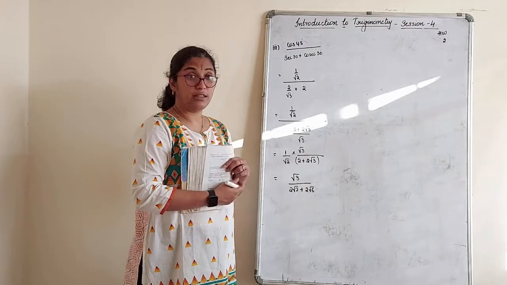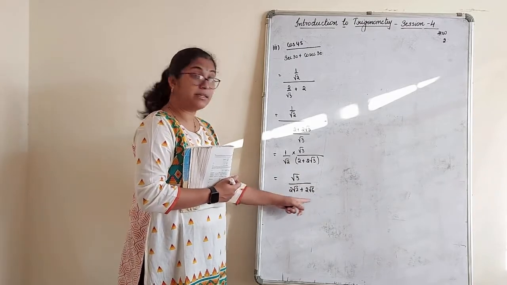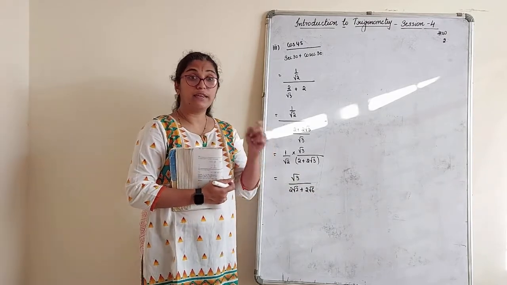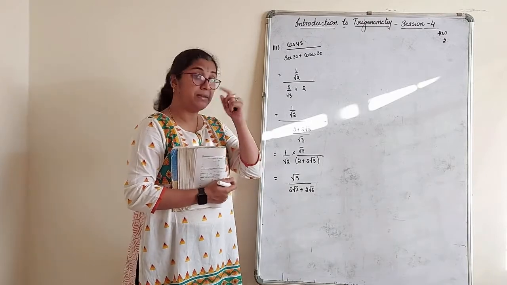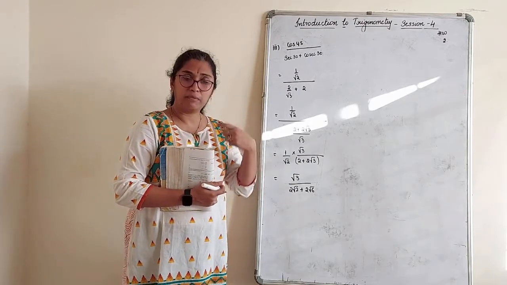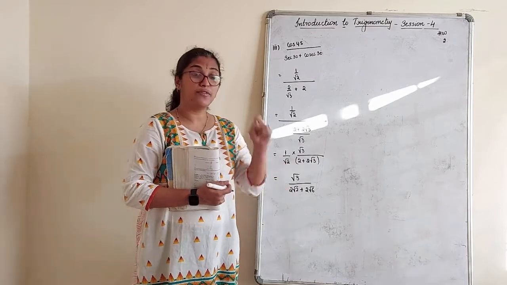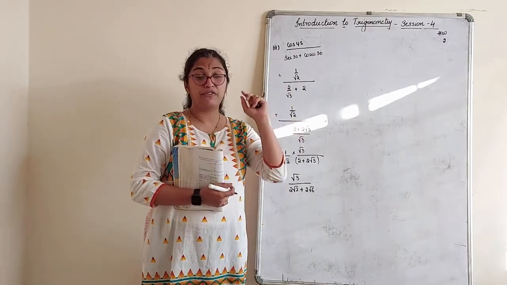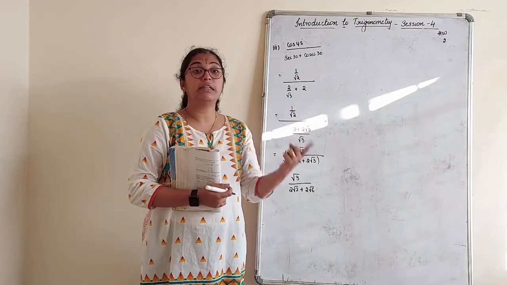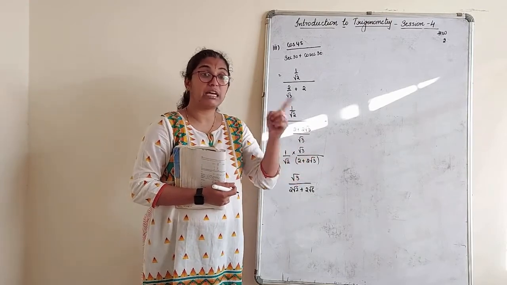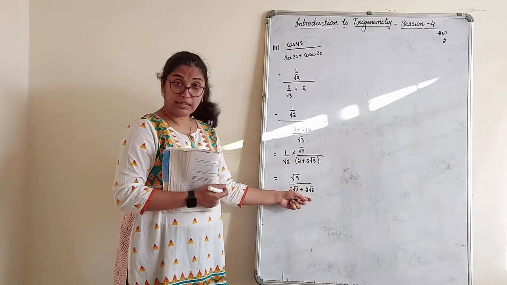An irrational root of a rational number, right? So we cannot keep it in this manner. It has to always be in number form, for example 5 by 8, 1 by 2. The denominator should always be a rational number. If it is a fraction, we always try to keep it in a proper fraction. If it is improper, then we write it as a mixed fraction, because that is the correct way of writing. This is not a correct way of writing a fraction.